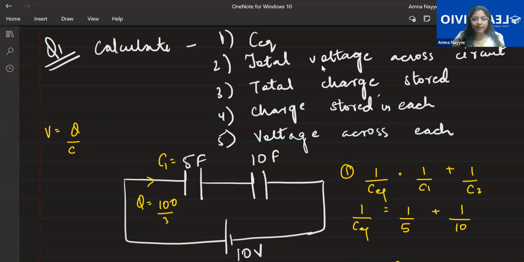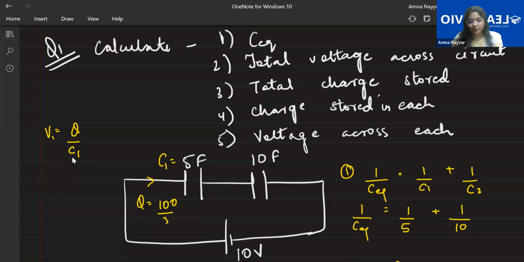So see, charge is the same in all of these. So we'll put this as 100 by 3. But what about the capacitance? Capacitance is given as C1. So if I put 100 by 3 by 5, I'll get the voltage across this one. Similarly, if I put C2, I'll get V2. Got it?